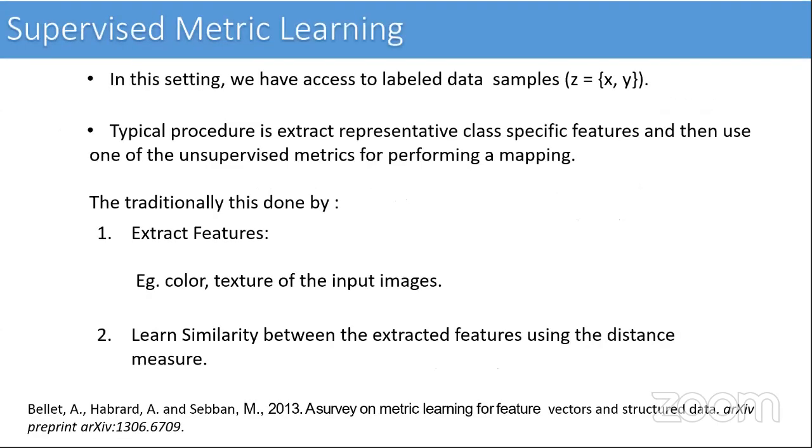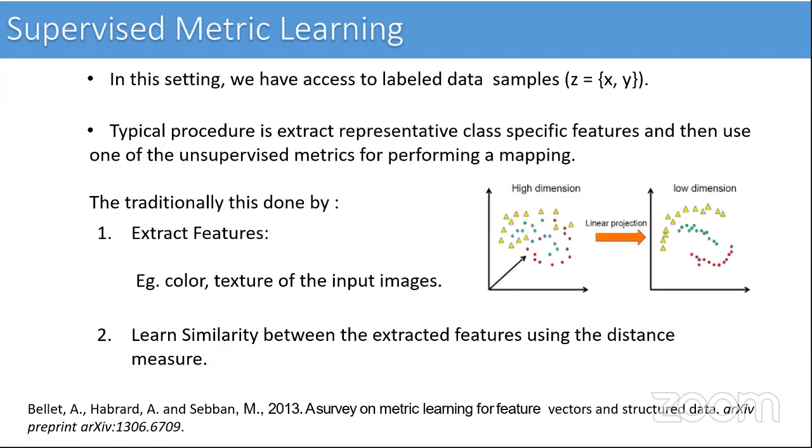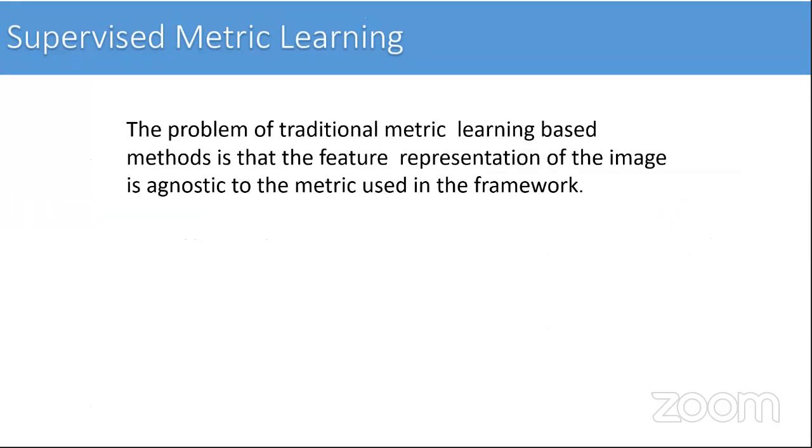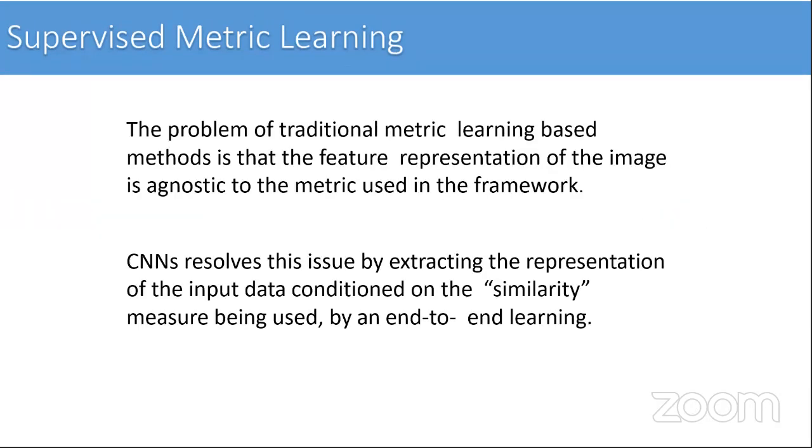So this is what we were talking about in traditional machine learning approaches. The feature extraction and the final classification are disjoint, so they are not optimized with respect to each other. What is the problem with that? The problem is that we need to make it more optimized, right? The feature should know what the final end goal of our model is.